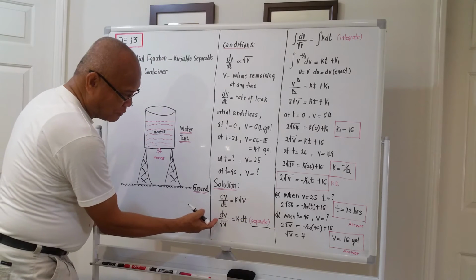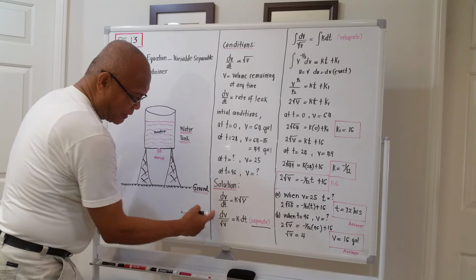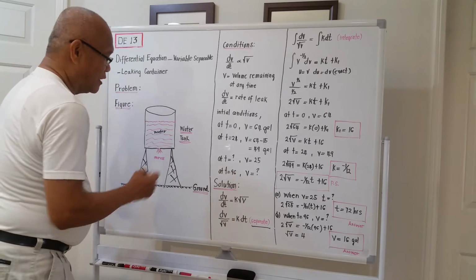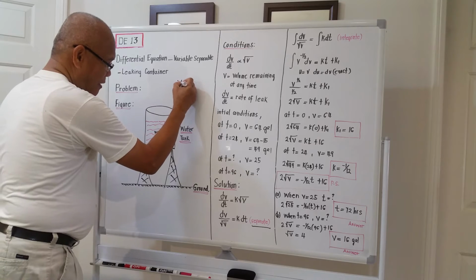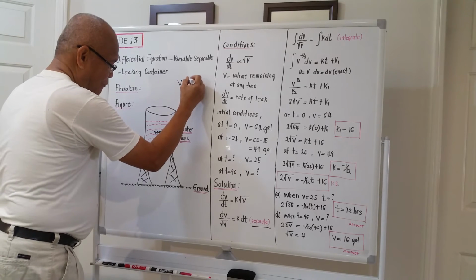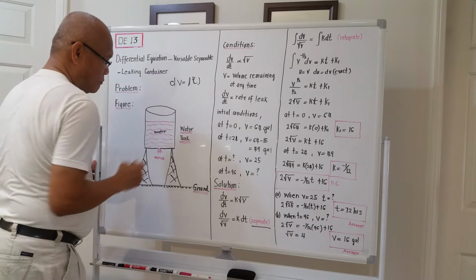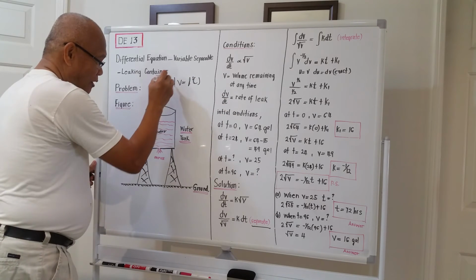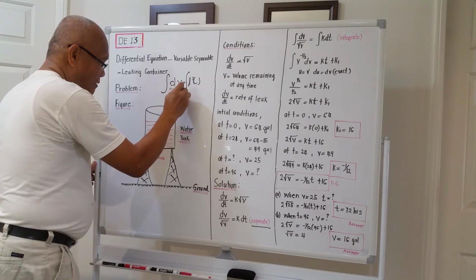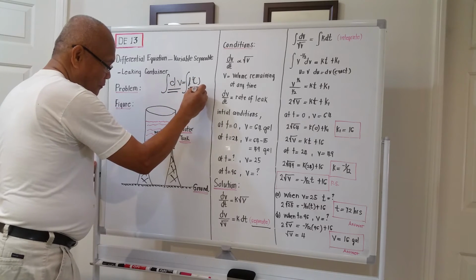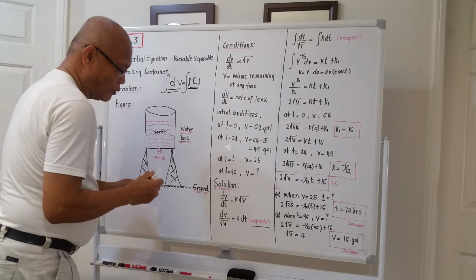The left side is a pure function of V. The right hand side is just simply k and differential time. So actually we could now integrate both sides.